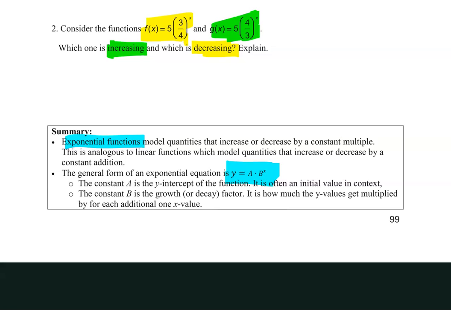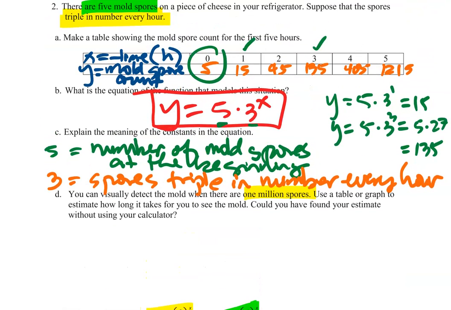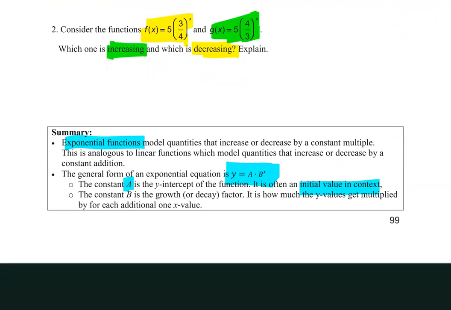Y equals a times b raised to x, where the constant a is the y-intercept of the function, and it's often the initial value in context. Like our previous example here, at the beginning when x is 0, our a is 5. So that was our initial value.